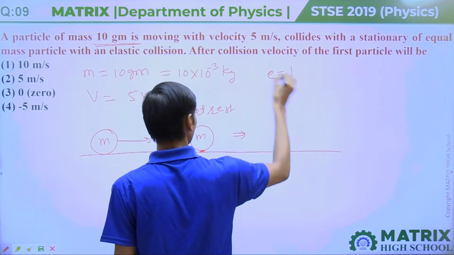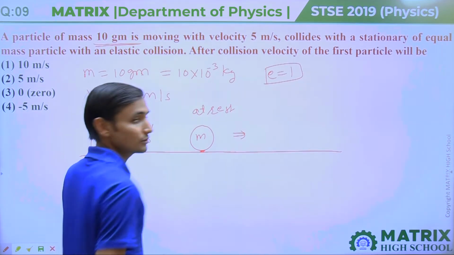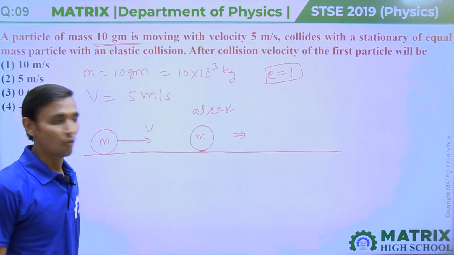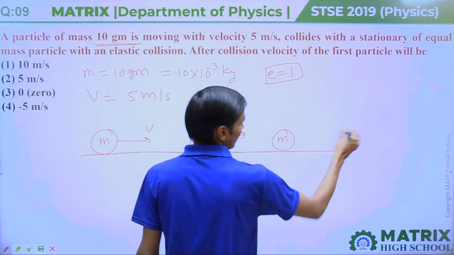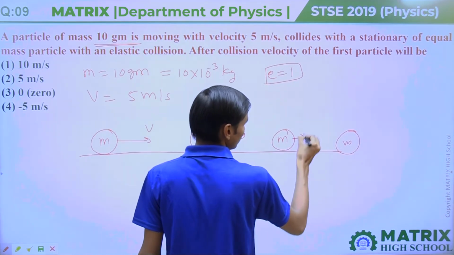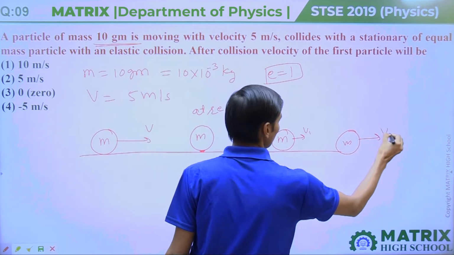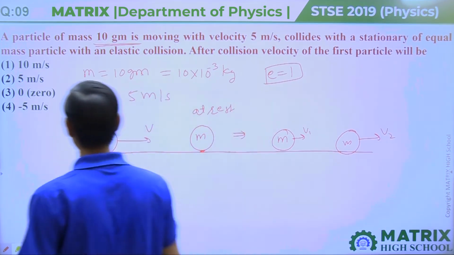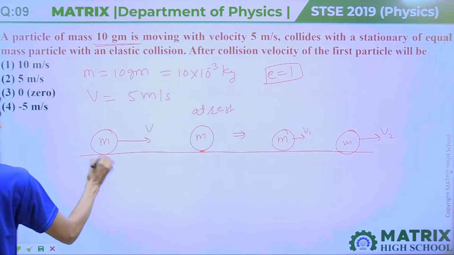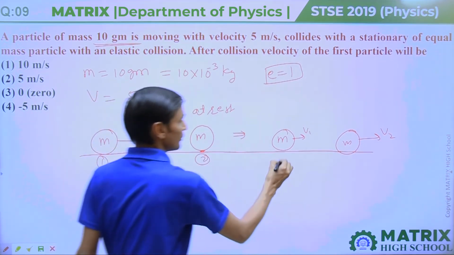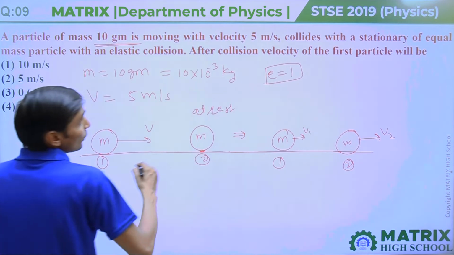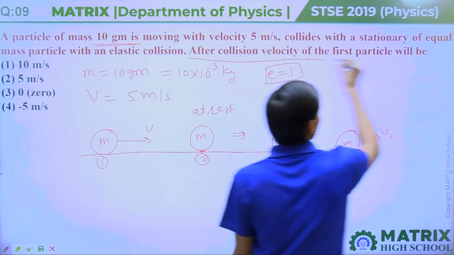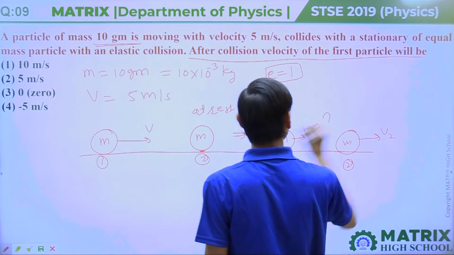That means the coefficient of restitution e equals 1. Then for both particles, m and m, let's assume the velocities after collision are V1 and V2. This is the first particle and this is the second. After collision, we have to find the velocity of the first particle, V1.